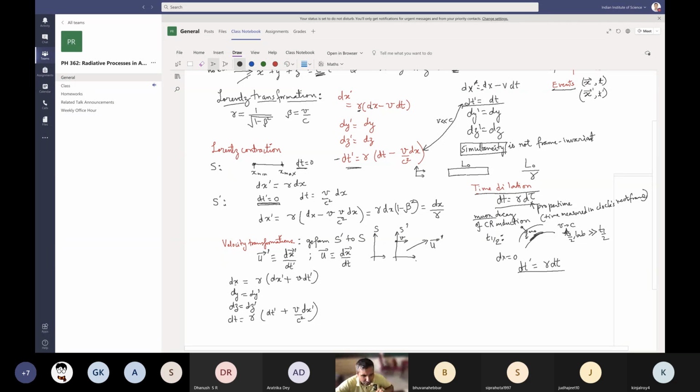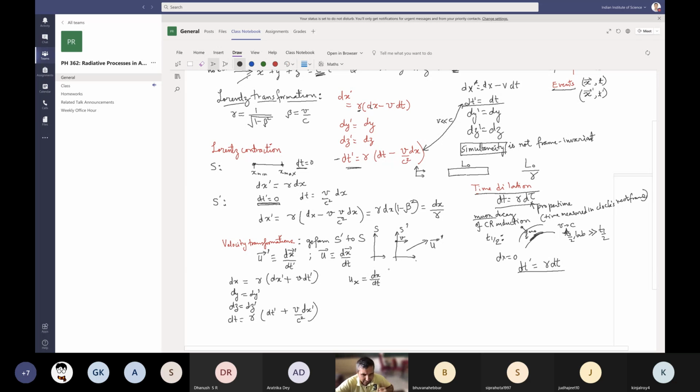So let's do it. What do we want? We want the velocity. So ux in the x direction is nothing but dx by dt.